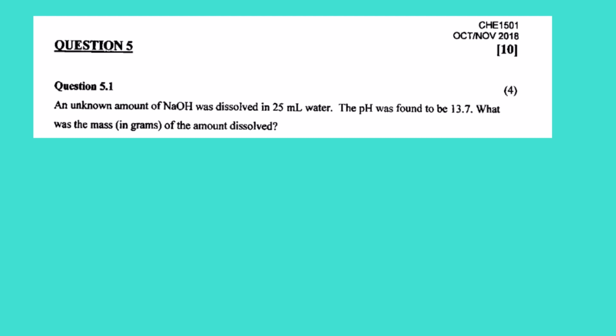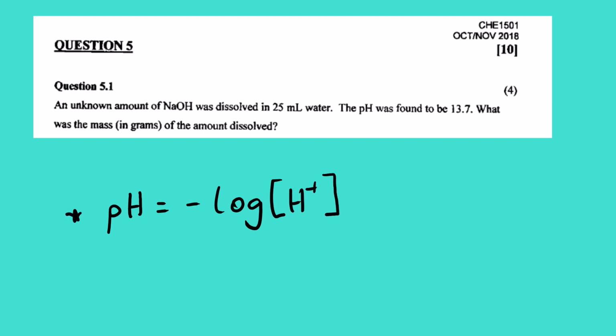Since we have the pH of this substance, we can use this equation: pH is equal to negative log of the concentration of hydrogen ion. Then we have another equation, which is based on the bases.